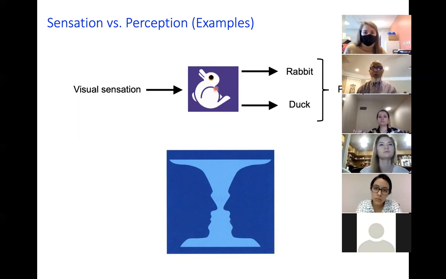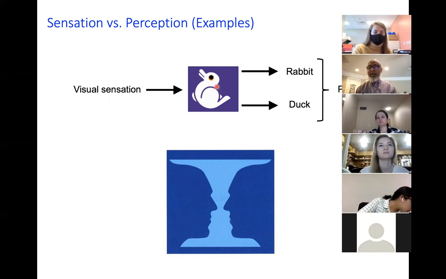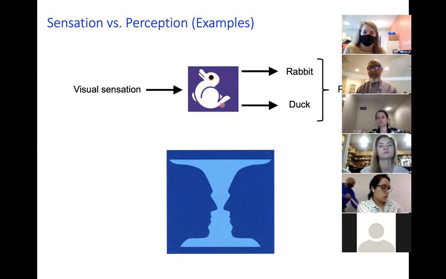Now, when this signal ends up in the occipital lobe, depending on your mindset, say if you are drawing a rabbit, you know you are drawing a rabbit, so that is in your mind. Your mind is ready to see a rabbit drawn by you or somebody else. So depending on your mindset, you will see the animal is looking this way. This is the head, these are the ears, and this is the tail.